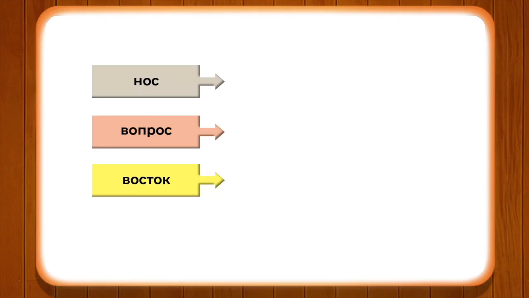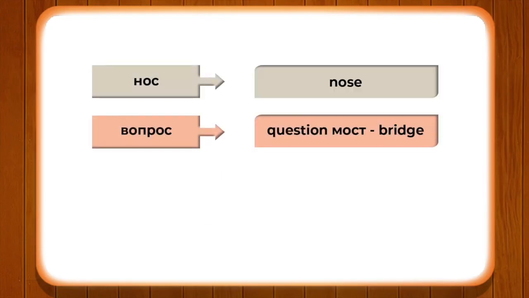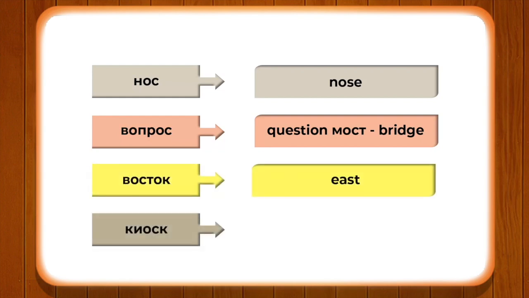Now, let us repeat once again. Nos, vopros, vostok, and kiosk. And now, let us learn about their meaning in English. Nos means nose, vopros means question, most means bridge, vostok means east, and kiosk means kiosk, a small shop.